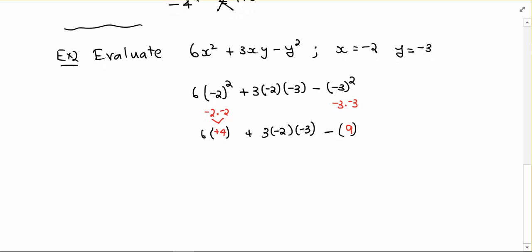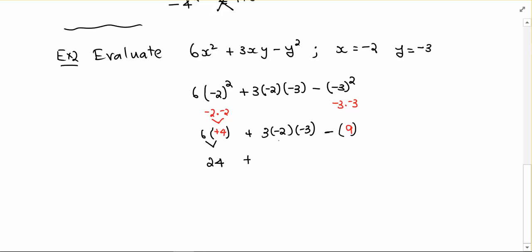Alright, so now what? Well, now since we've done the exponents, we are looking for multiplications and divisions, if there are any, since there are no exponents and no groups. So yes, there are multiplications, and I'm going to work these from left to right. The first multiplication to work here is this one, 6 times 4 is 24. And then there is more multiplication here.